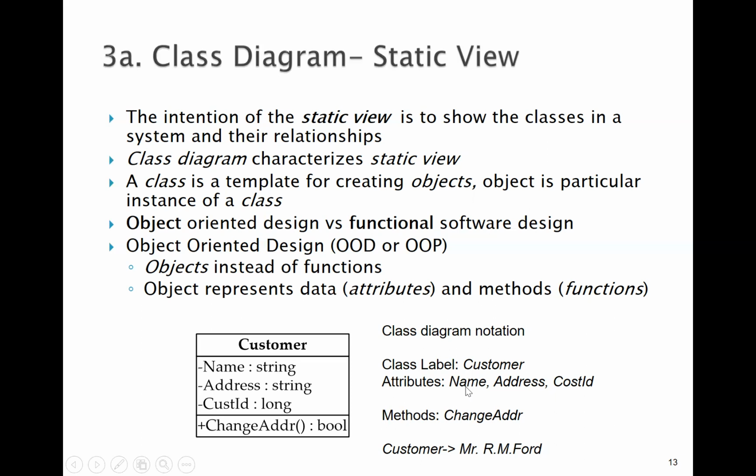So any person can be described by name, address, and customer ID. There may be methods, like change address, and here customer could be anyone who wants to order from the grocery of Getir.